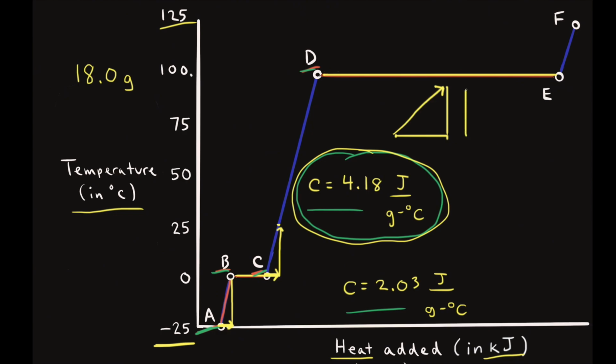So I'll draw this y distance the same as before, but we have a higher specific heat, so it takes more energy. Therefore, this x distance is going to increase, and when we increase the x distance, we see that the slope decreases. So the greater the value for the specific heat, the lower the slope on the heating curve.